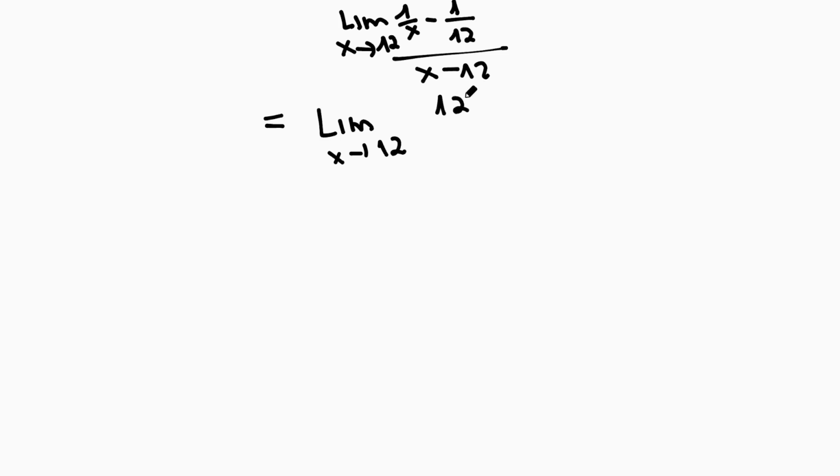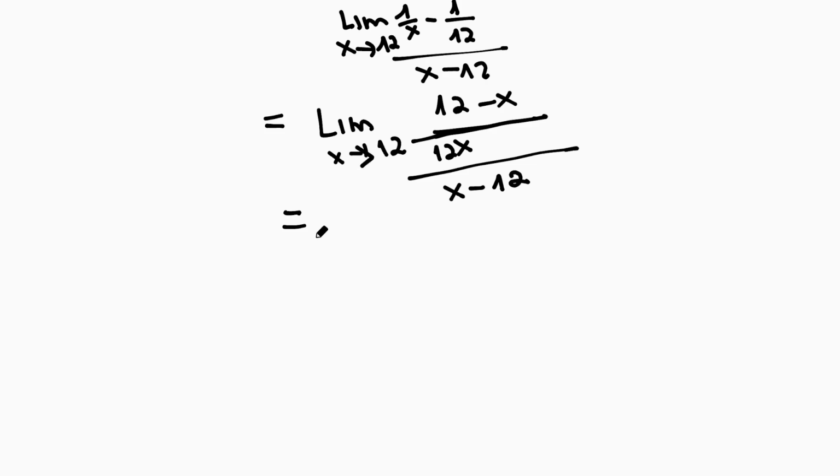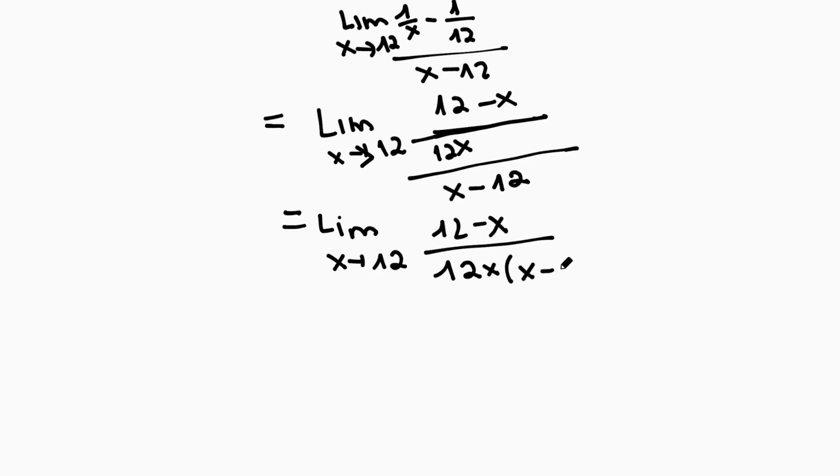It's just going to be 12 minus x over 12x, and then over x minus 12. Then I can rewrite this big fraction over here as this, right?